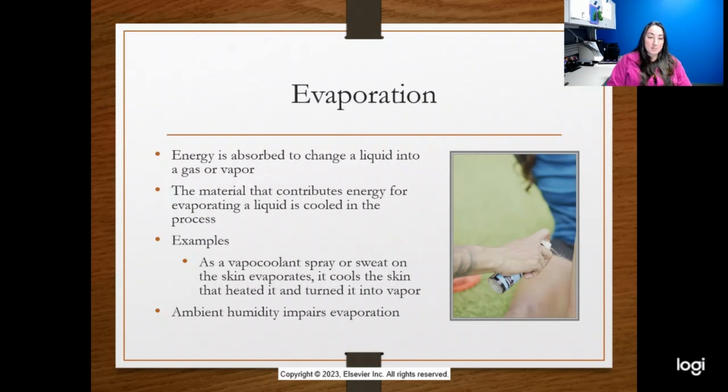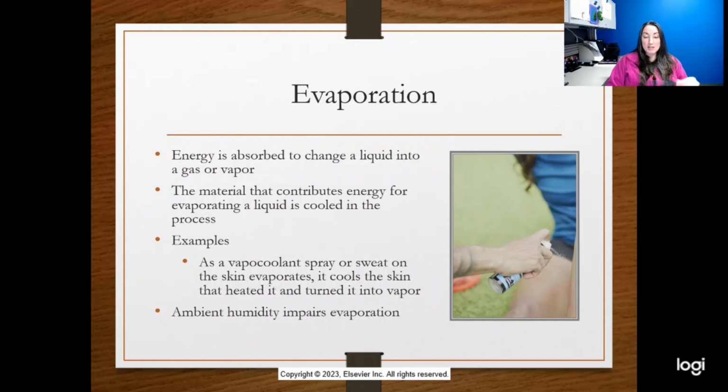Some of the examples are a coolant spray or sweat evaporating, and when it evaporates, it cools the skin that was heated and caused it to turn into vapor. So the skin heats that enough to cause it to turn into vapor, which allows it to be cool.